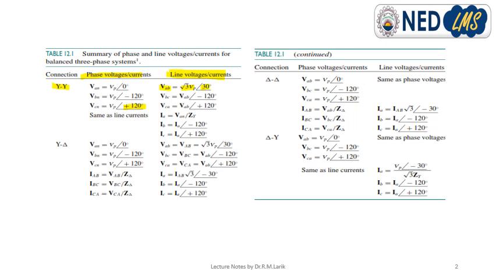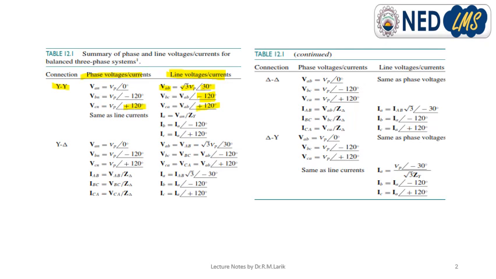So that 30 degrees appears in the YY connection. The other phases: the second, VBC, is minus 120 degrees apart from the first phase, and the third is 120 degrees apart from the second phase.